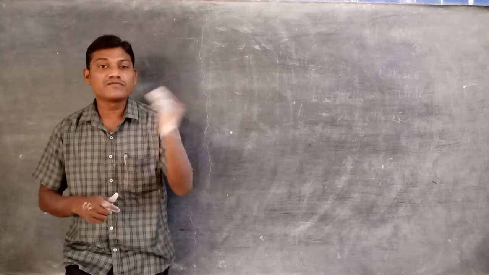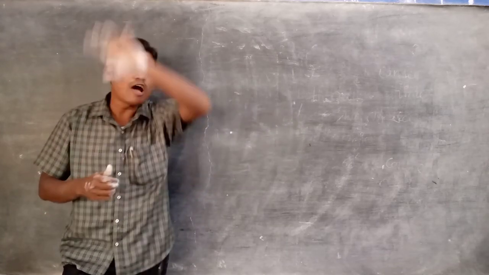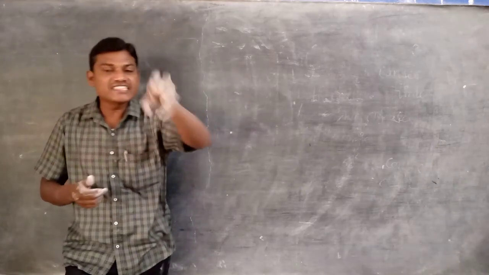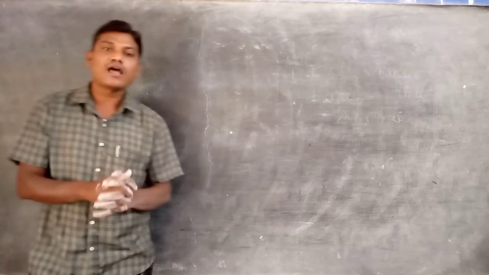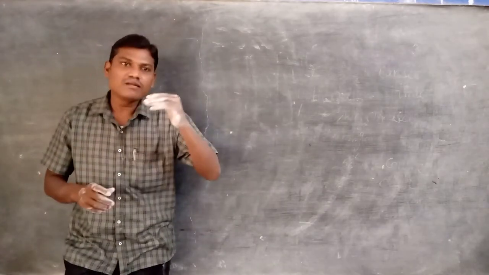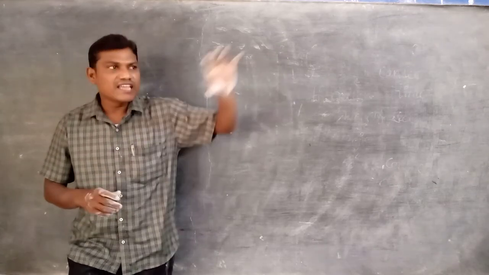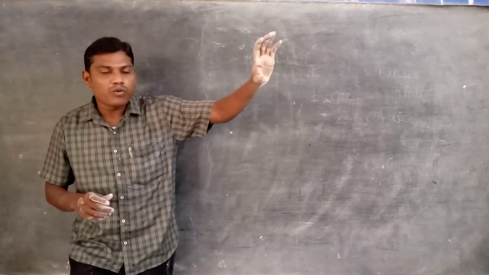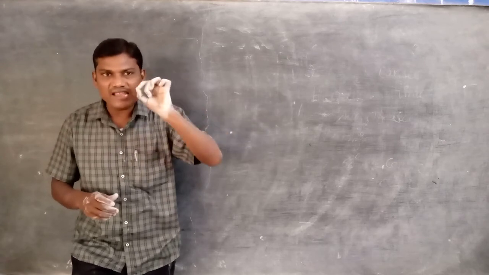Angle of vision, or vision angle, means the angle at which we are able to see the whole object, or the entire object, at a time. That angle is called angle of vision. Or the rays coming from the extreme ends of the object form an angle at our eye.